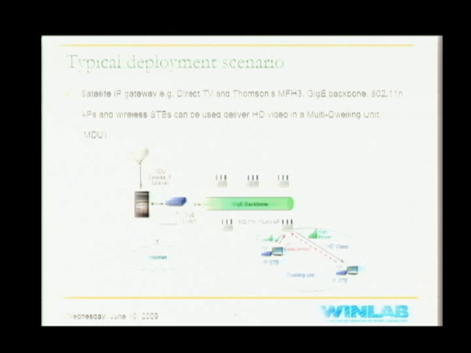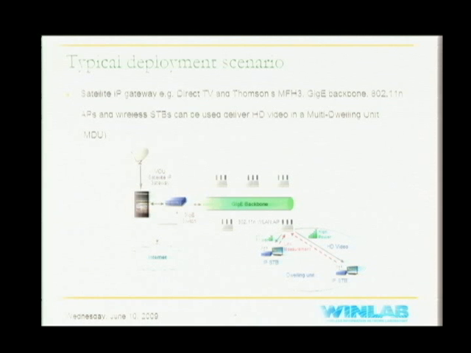A typical deployment scenario for power control would be this. This is a multi-dwelling unit scenario, like an apartment building or a hotel. A satellite IP gateway can convert satellite TV signals into IPTV format. We can send it over the gigabit Ethernet backbone, and we can use 802.11n APs and IP set-top boxes to stream multiple high-definition videos.